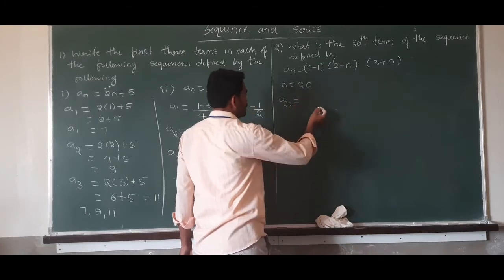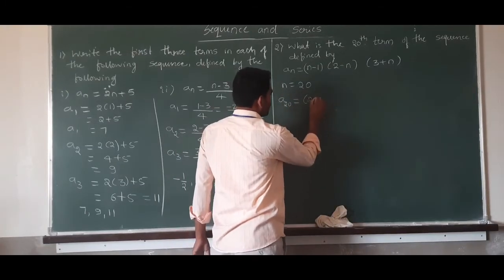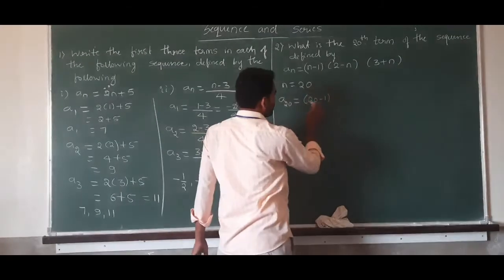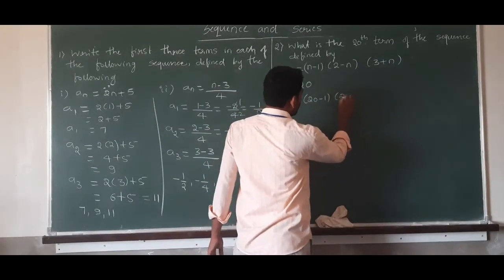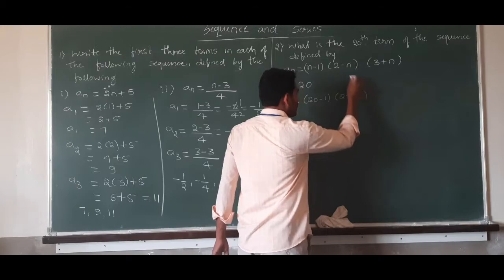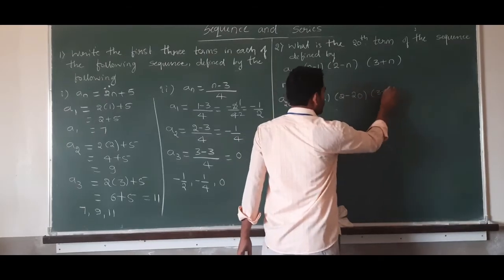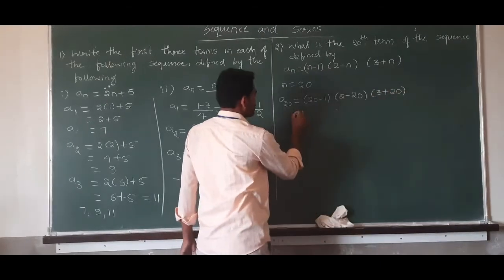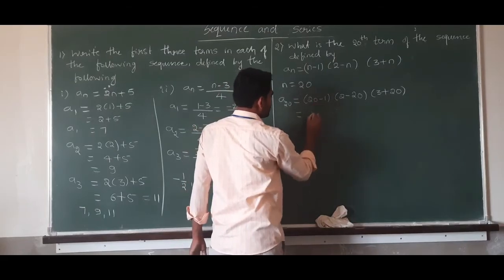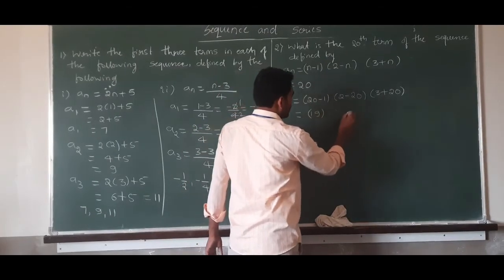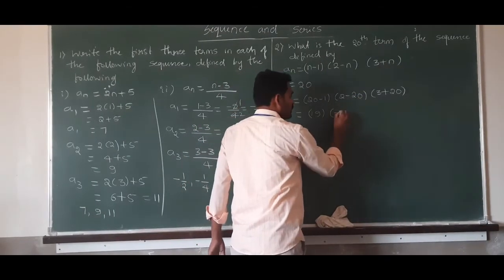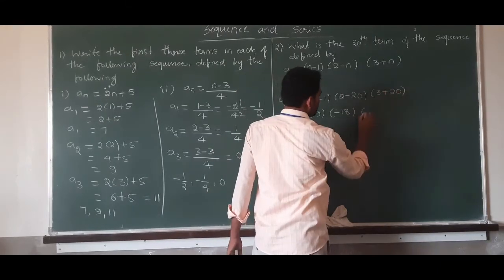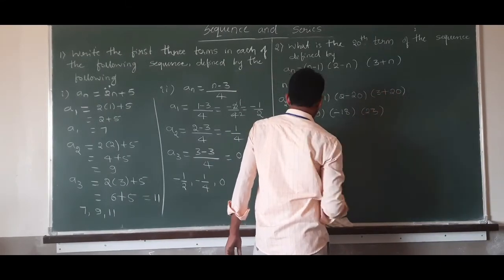A20 is equal to 20 minus 1. We have to put the n as 20. So (20 minus 1) into (2 minus 20) into (3 plus 20). Okay, then 20 minus 1 is equal to 19, and 2 minus 20 is equal to minus 18, and 20 plus 3 is equal to 23.